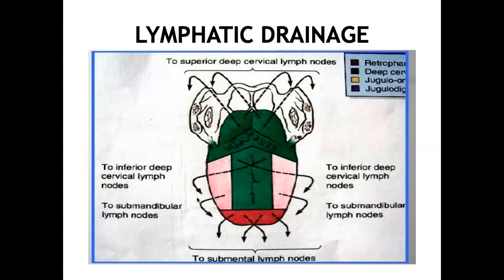Okay, the green area is the area which enters into the deep cervical lymph nodes. On the sides, submandibular. From the tip, submental. So submental, submandibular and deep cervical lymph nodes. So this is the lymphatic drainage of the tongue.